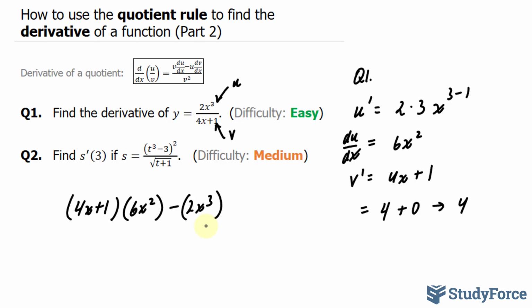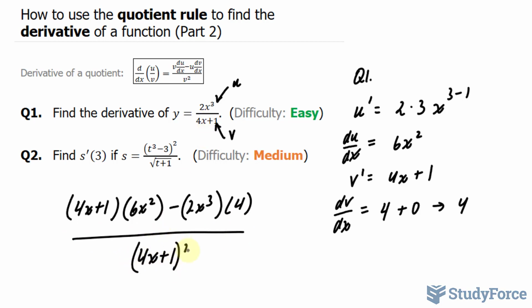Put that in brackets, and the derivative of v, which is dv over dx. The derivative was taken relative to x, and we write down 4. Now for the bottom part, we have v to the power of 2, so I'm going to take my v and square it. I don't need to expand, that's good enough.